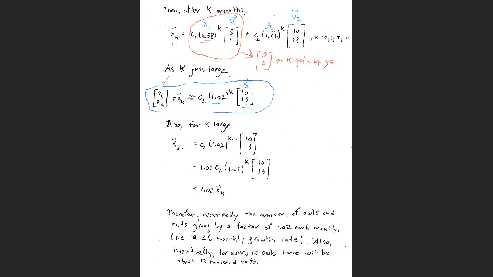So what this means is that the portions of the solution that involve eigenvalues less than 1 go to the zero vector as k gets large, and they don't have a role in the evolution of the system.